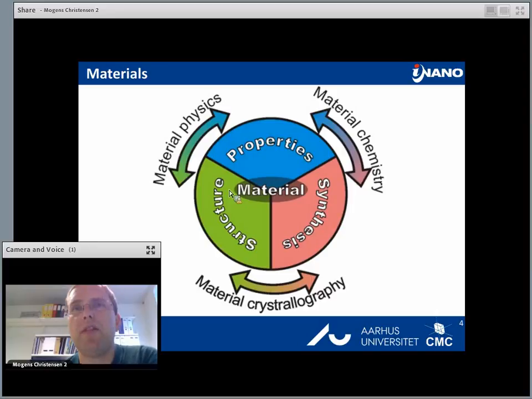And the disciplines that sort of interlink these different structure properties are materials chemistry, materials crystallography, and materials physics. So in the talks I'm going to give, I'll be mostly focusing on materials chemistry and materials crystallography.